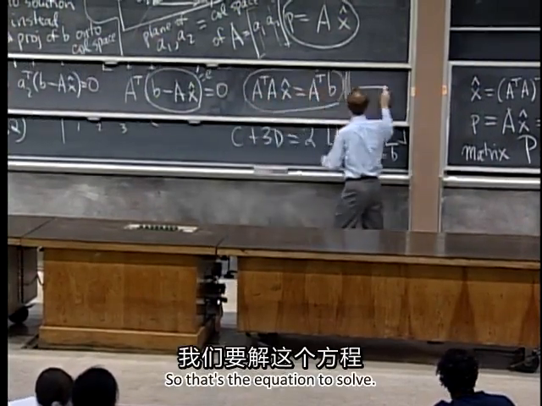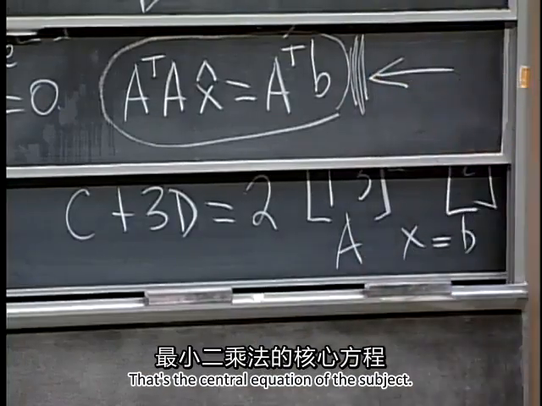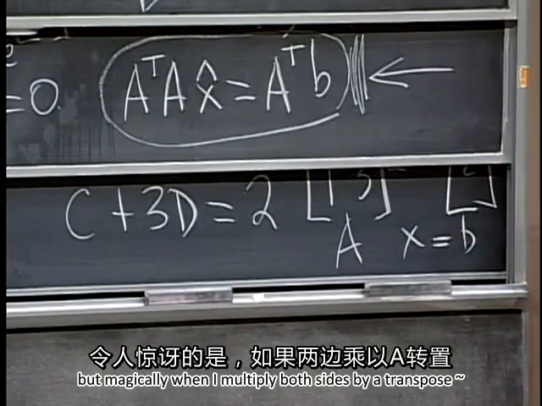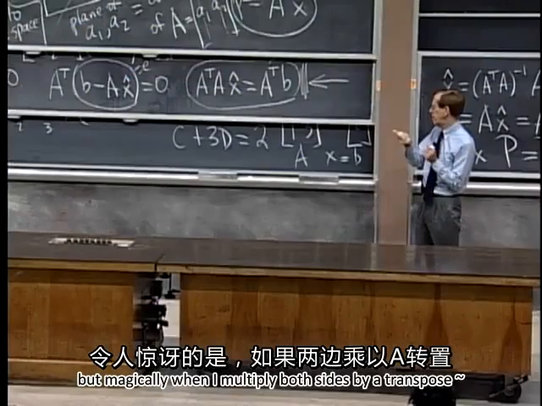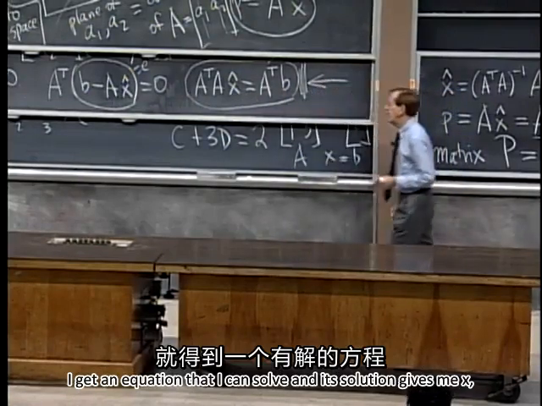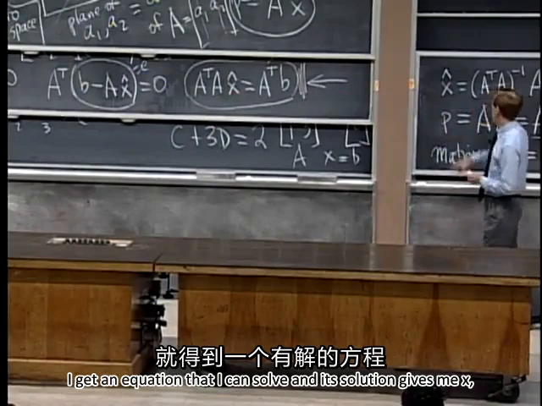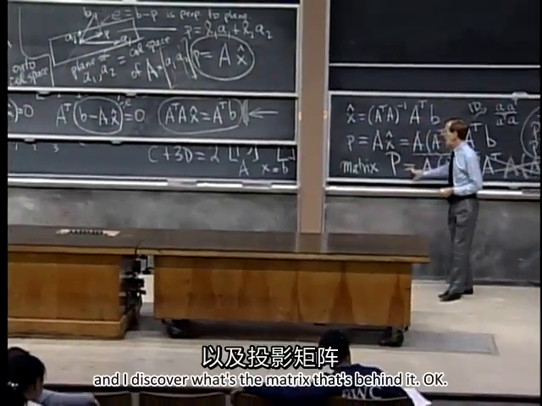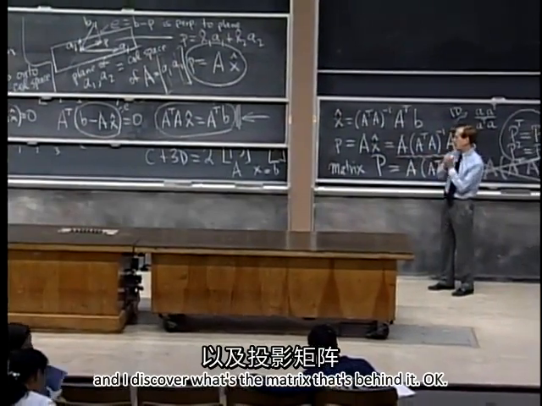So that's the equation to solve. That's the central equation of the subject. I can't solve AX equal B, but magically, when I multiply both sides by A transpose, I get an equation that I can solve, and its solution gives me X, the best projection, and I discover what's the matrix that's behind it.